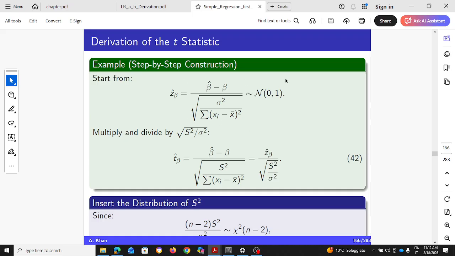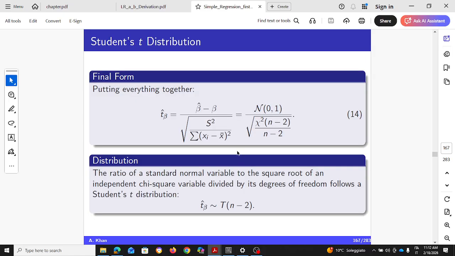So before we had this. Now, rearranging and making some derivation, multiplying both sides by this term, we get this. And when we do the final derivation, this Student's t is equal to beta hat minus this, and in turn can also be equal to the chi-square distribution with n minus 2 degrees of freedom.